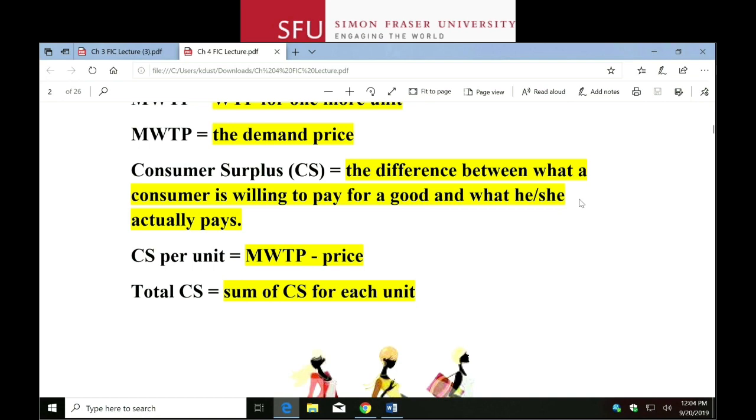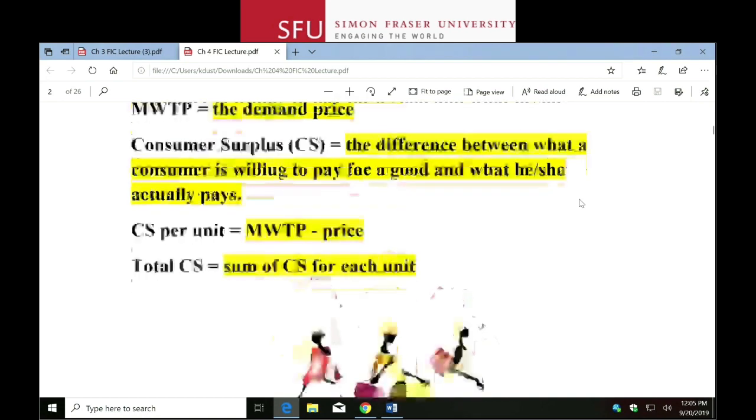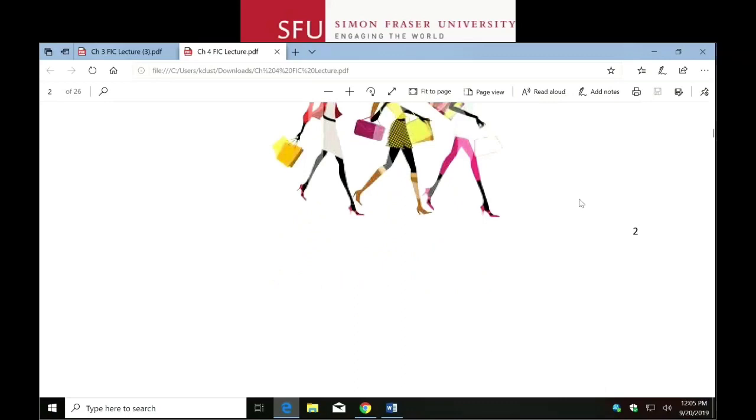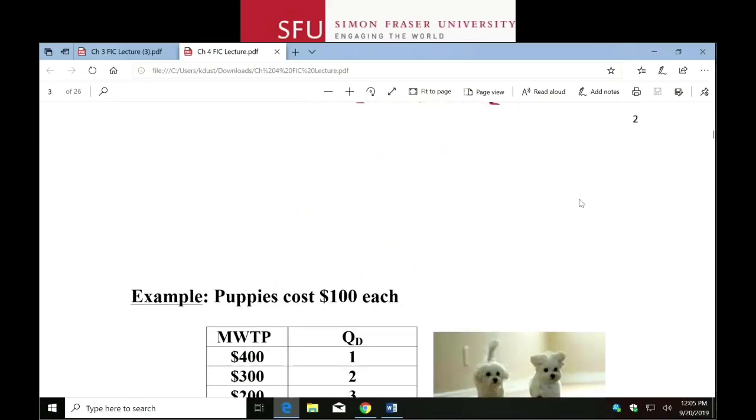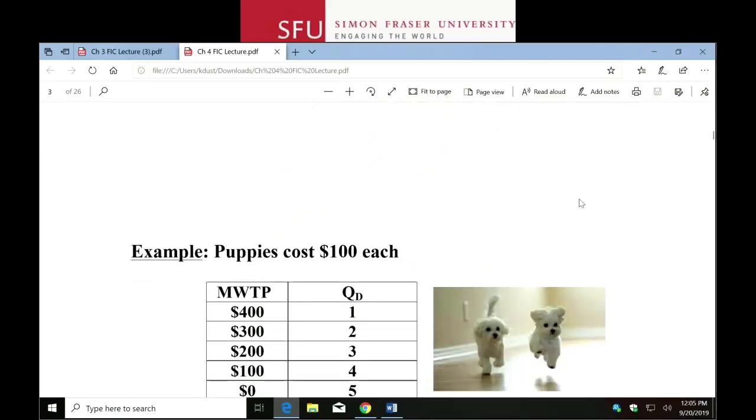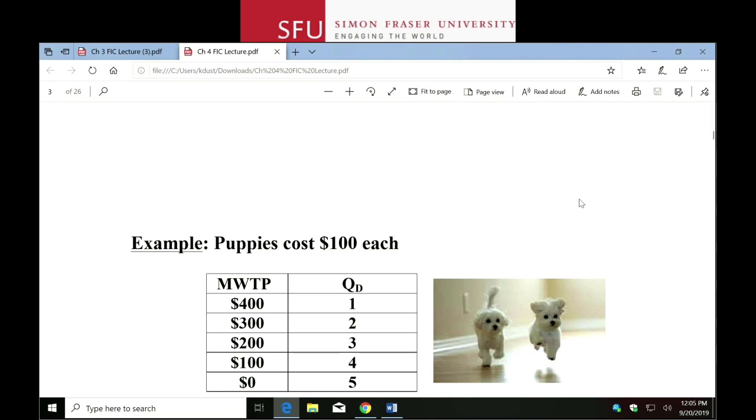Okay, the example on the next page is about puppies. Looking at the table, what we have for a person is the number of puppies and then their marginal willingness to pay, so this is per puppy.